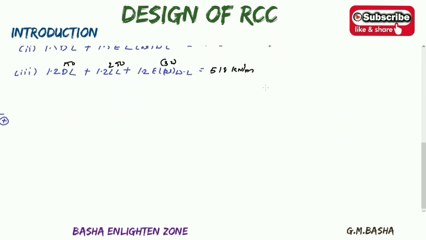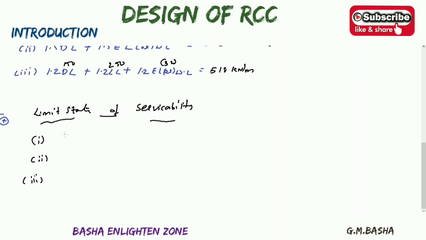Then I will give the limit state of serviceability values. Just let me explain the code value combinations here, like previously. The first is 1.0 dead load plus 1.0 live load.